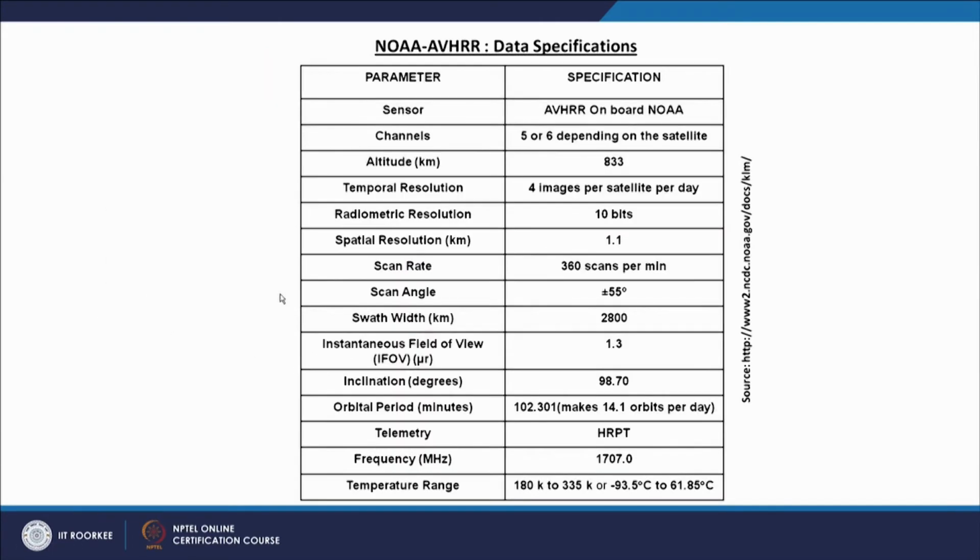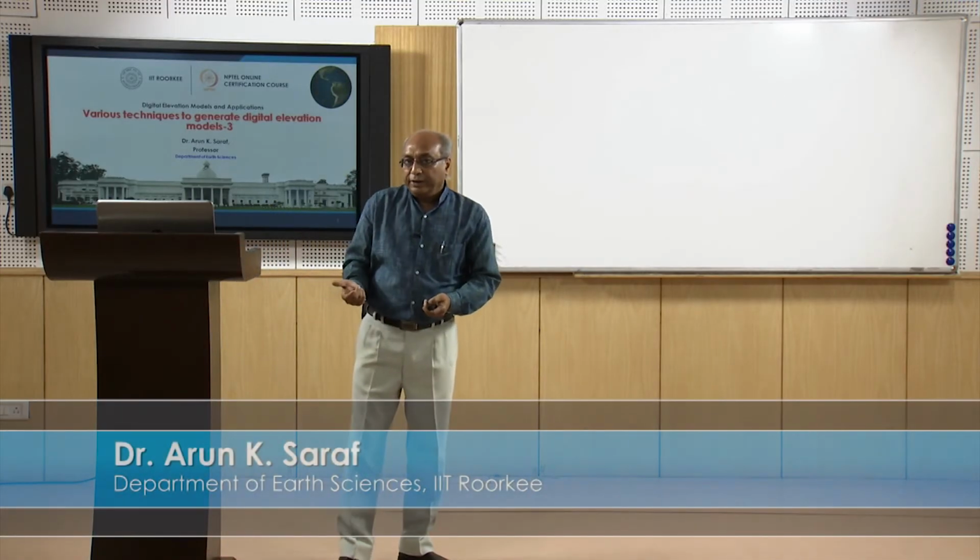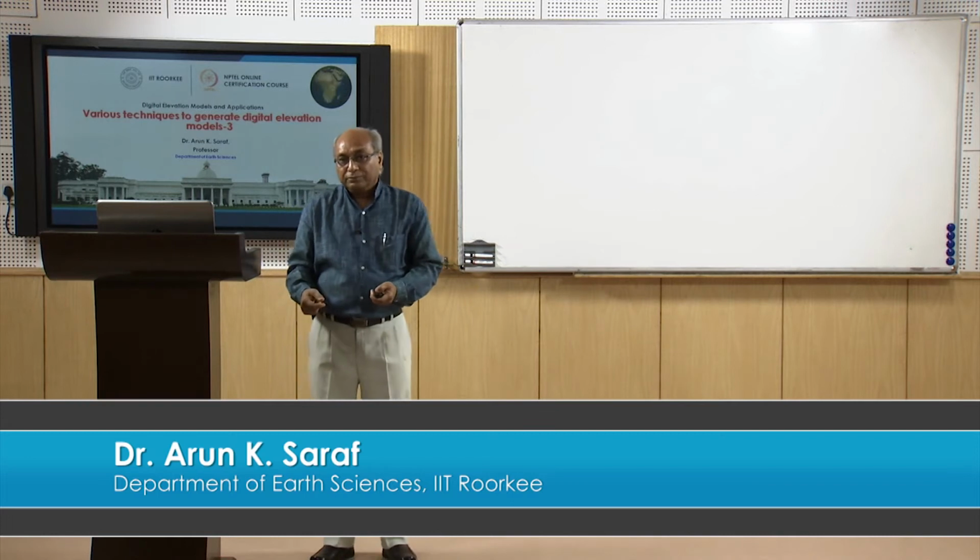And the NOAA specifications are also given. Especially two things I would like to mention here: the radiometric resolution is 10 bits data. Like in SPOT or Cartosat, generally you are having either 8-bit data or 6-bit data.